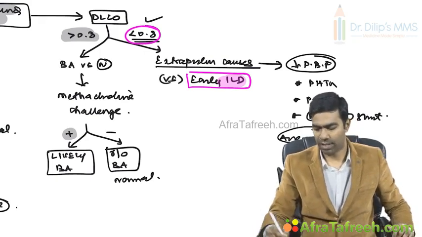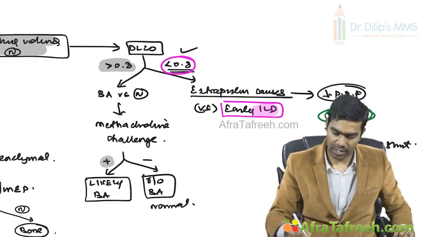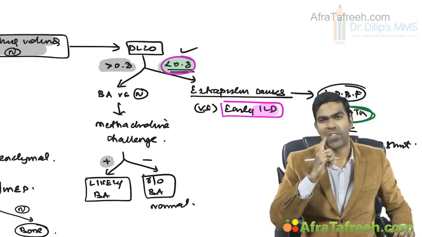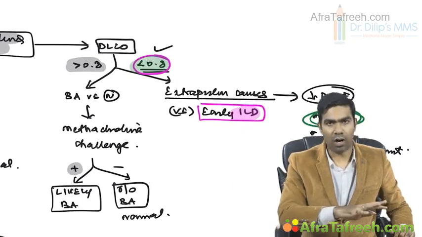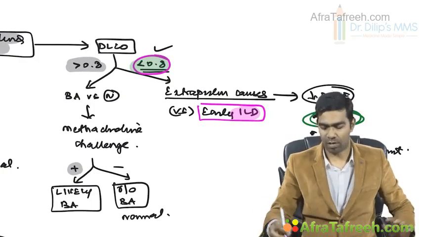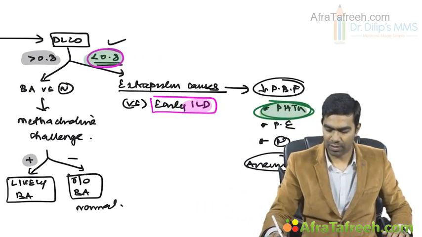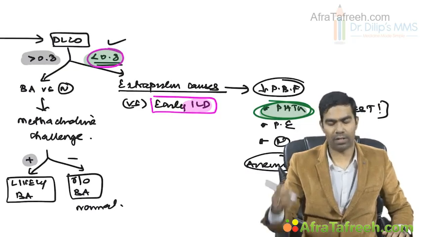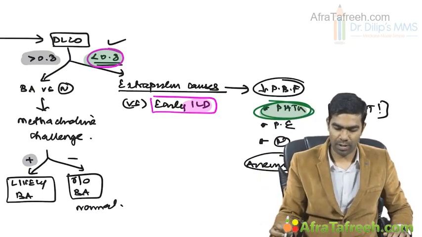But anyway, usually in exam, they will expect pulmonary hypertension only. Remember, whenever there is an isolated decline in DLCO and all the other lung volumes are normal, everything is normal, always think about pulmonary hypertension in exam. Usually they will give this in association with CREST syndrome, a very common AIIMS question. They'll give an association with CREST syndrome where pulmonary hypertension is very, very common, pulmonary arterial hypertension.